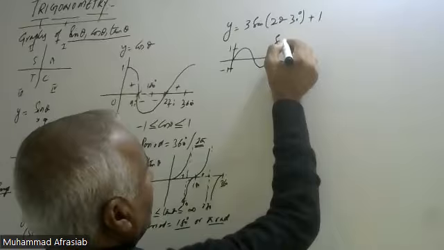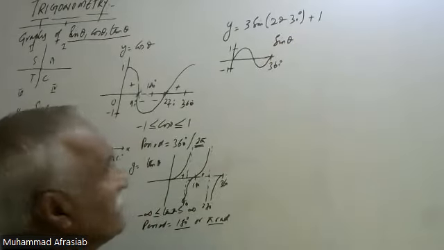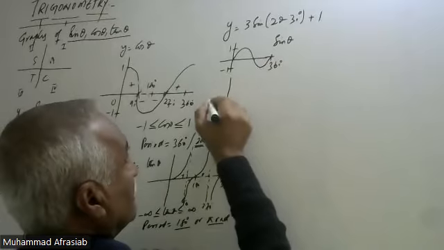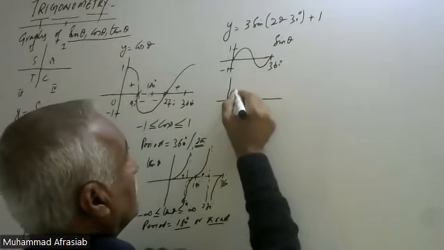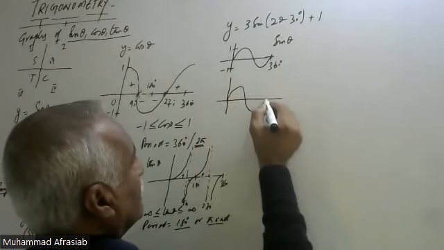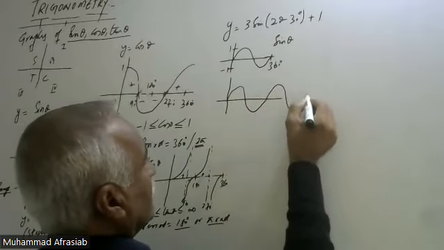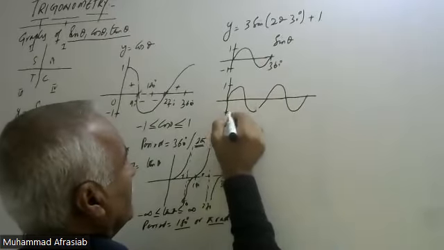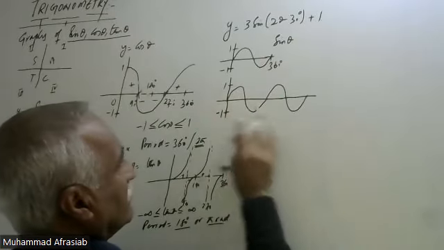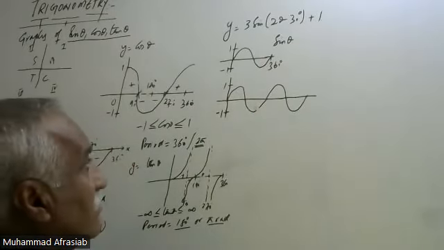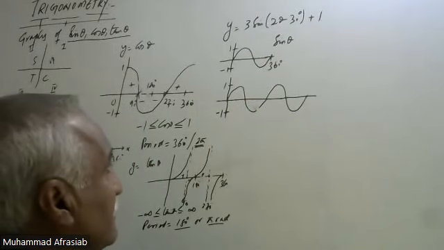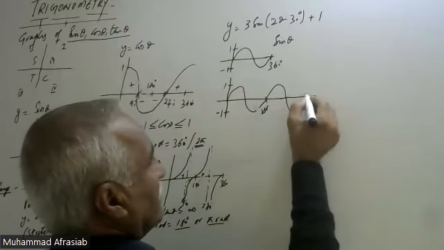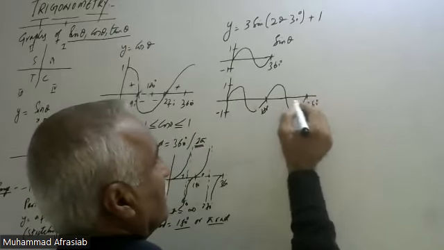This is the graph of sine of theta. Then sine of 2 theta. That means it is stretching on the x-axis, and up till here it is 180, and this will become 360.